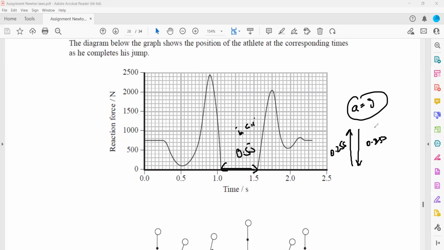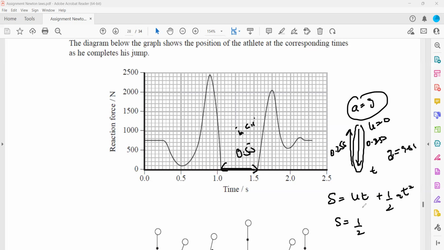So if I take the second part of the motion, when he's coming down, the initial velocity will be 0. Acceleration will be equal to gravity, which is 9.81. And I have the time, so I can use the equation of motion. So S is equal to ut plus half at squared, in which the initial velocity is 0. So S is equal to half gt squared.